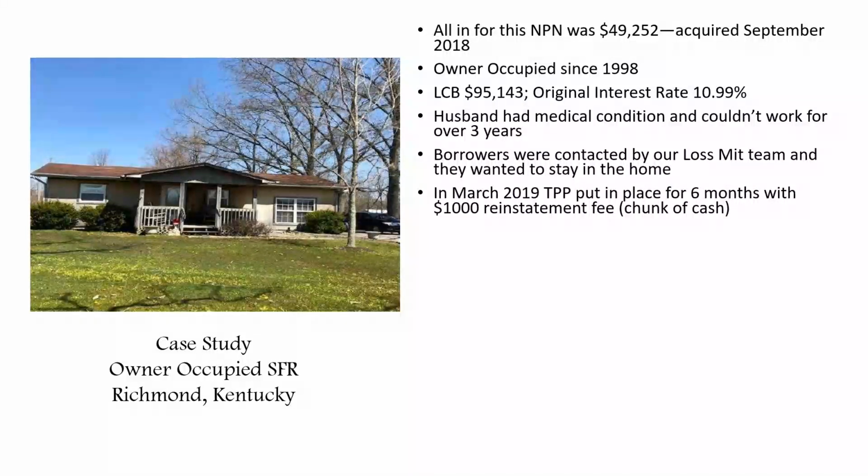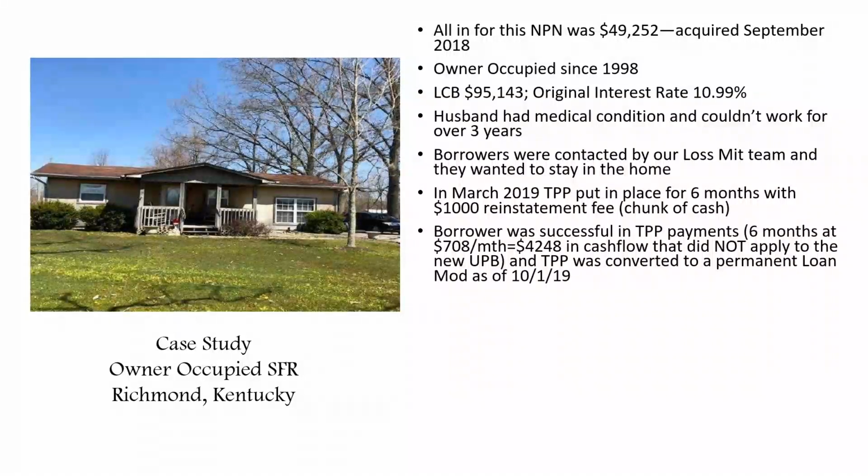I call that free money because if they're successful, you're very likely going to modify the loan and turn it into a brand new loan. I often require our borrowers, as nice as they may be, to put a little skin in the game. So they paid a $1,000 reinstatement fee. So there's your chunk of cash.